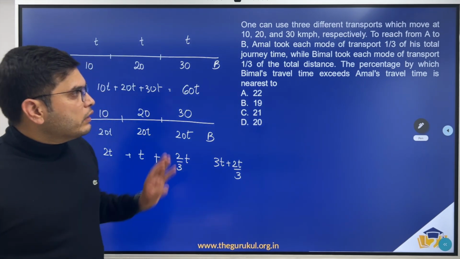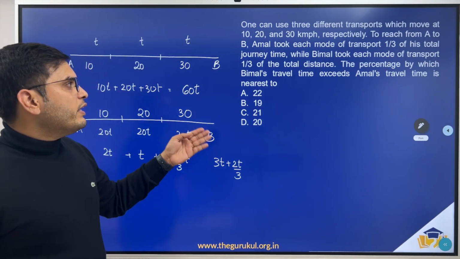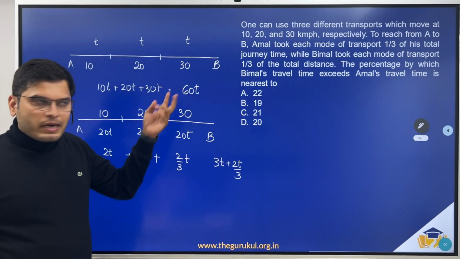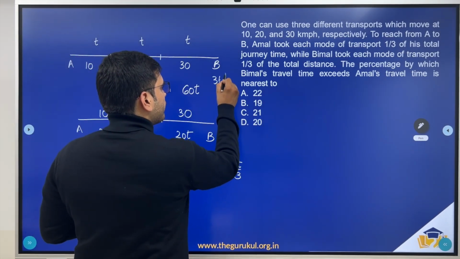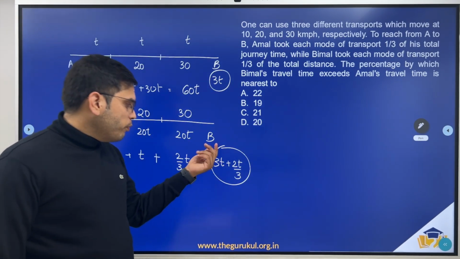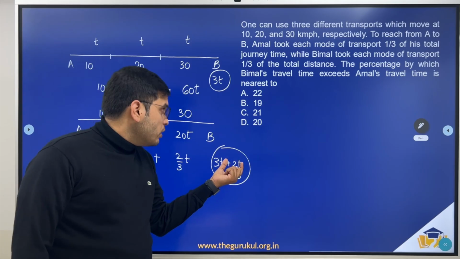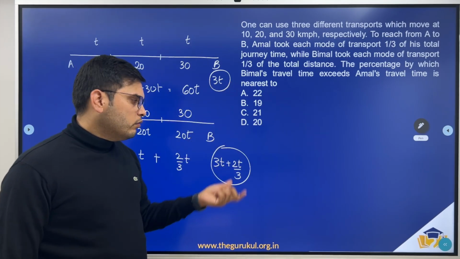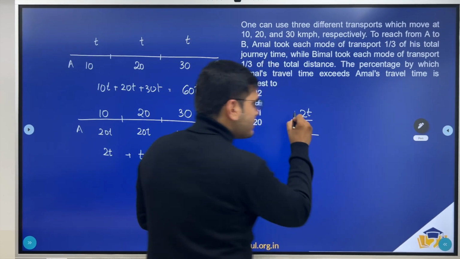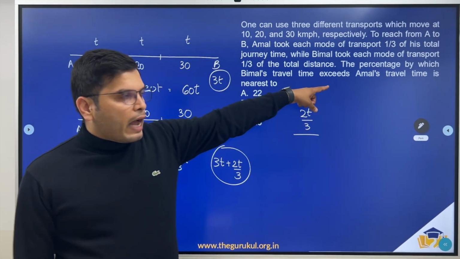Now what was asked? The percentage by which Bimal's travel time exceeds Amal's travel time is nearest to. Now what did we consider Amal's travel time to be? 3T. Now Bimal's travel time is 3T plus 2T by 3. So by how much does this exceed 3T? 2T by 3. Now this increase we are comparing with Amal's travel time.